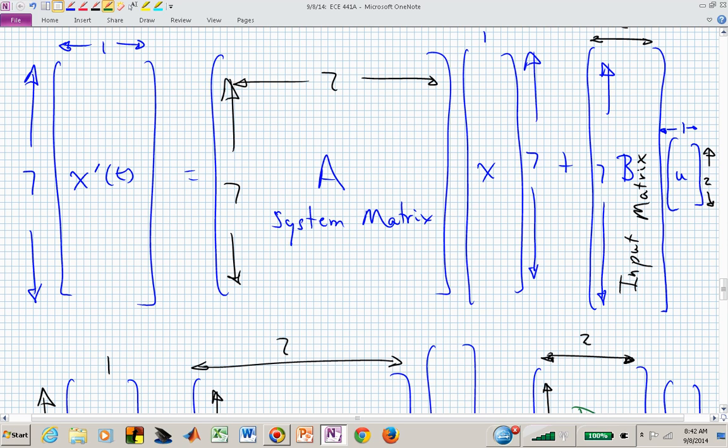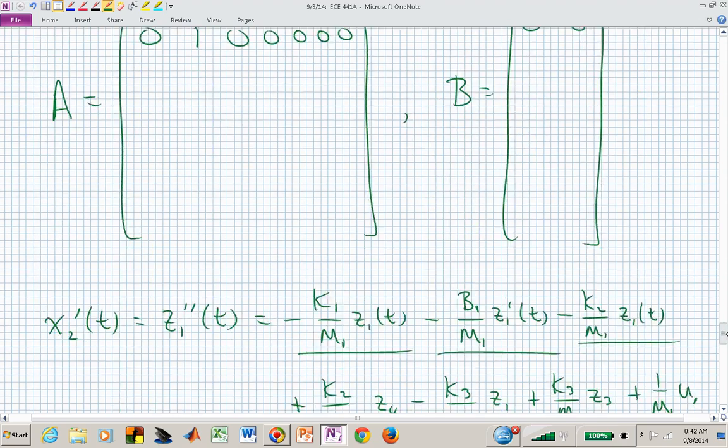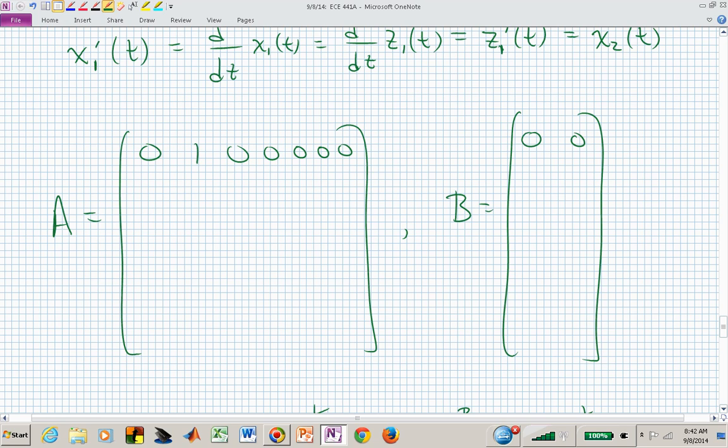And we would have summing junctions in front of each of those integrators. We would have an X1 prime in front of that first integrator block. And then we would feed back to that whatever this top row indicated. It would only really have one signal going into that, X1 prime.